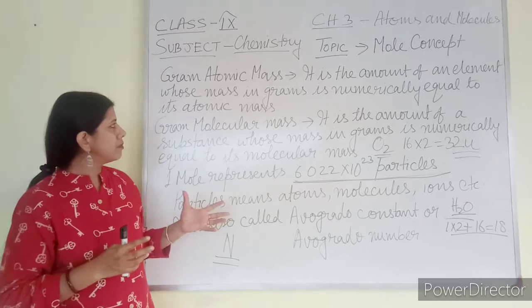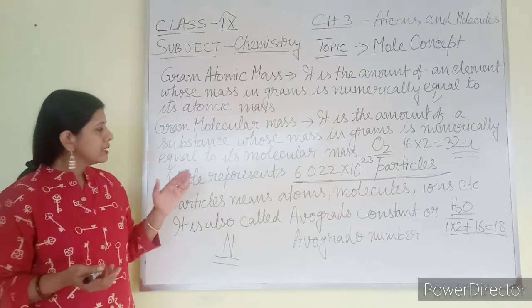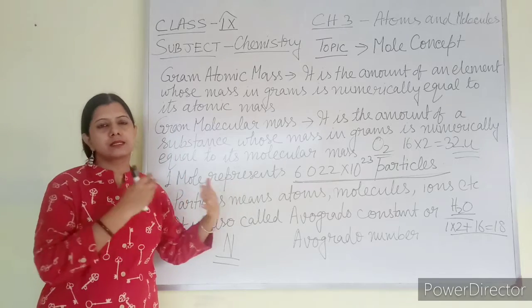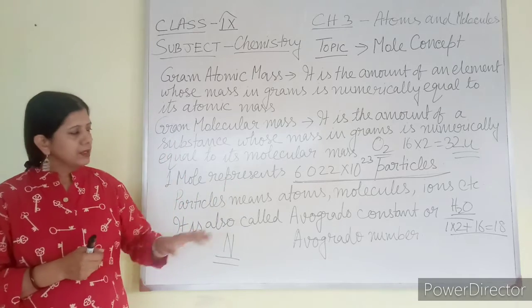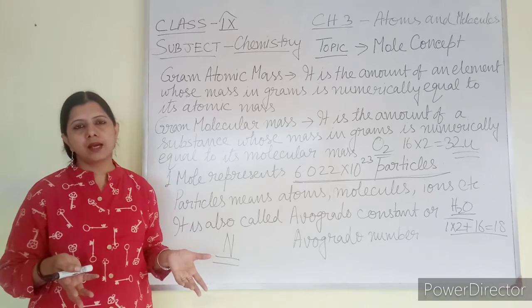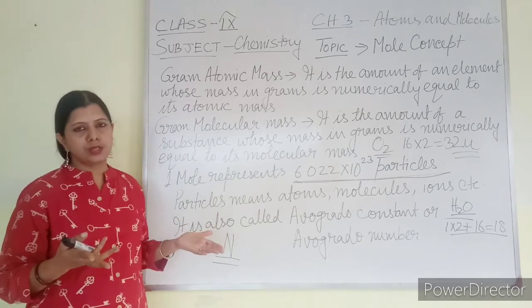So gram atomic mass actually represents 6.022 into 10 to the power 23 particles present in that amount. These particles can be atoms, molecules, or ions, depending upon the situation.